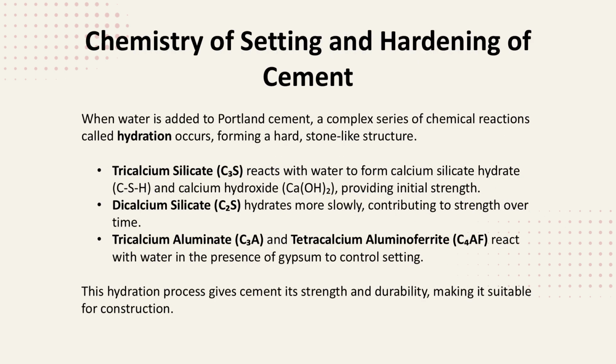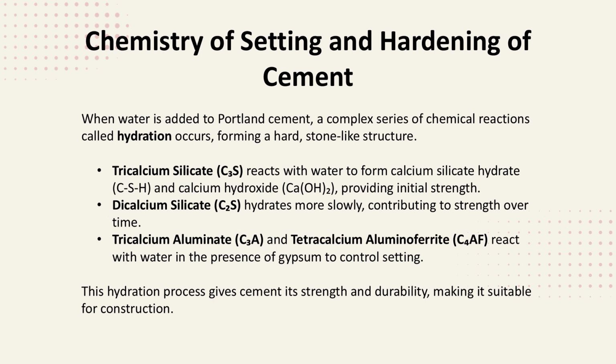When water is added to Portland cement, it initiates a series of chemical reactions known as hydration, forming a solid structure. Key compounds involved include tricalcium silicate, which reacts with water to form calcium silicate hydrate and calcium hydroxide, providing early strength.